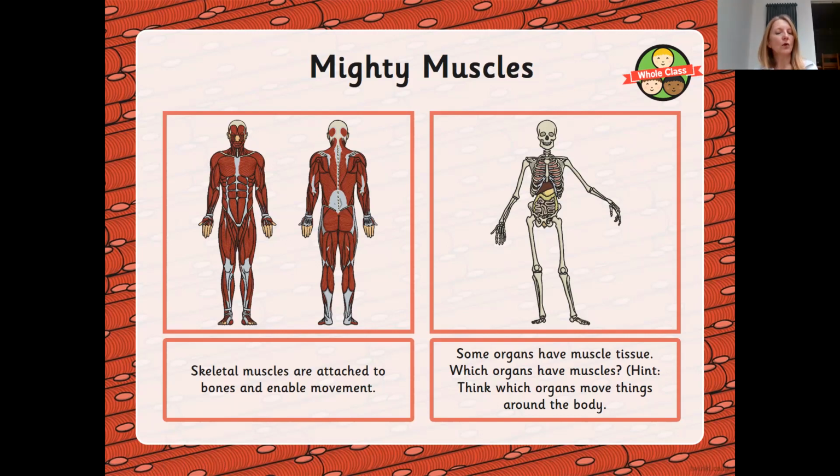Those are the organs in your body which have to move or move things around. Some of the organs in your body just do their job without having to move, but there are some organs in your body which have to cause a movement. Can you think about which organs those might be? Which organs in your body move?